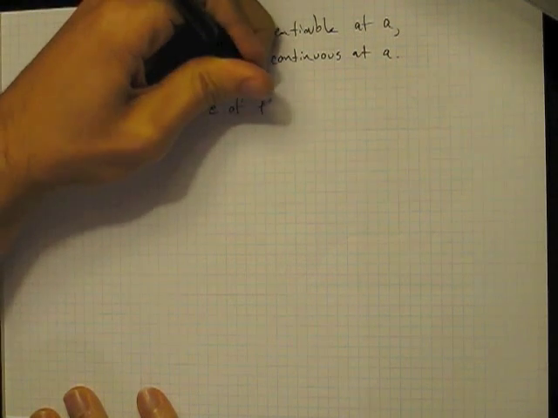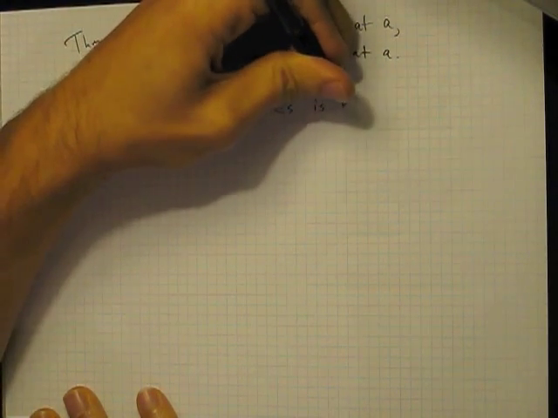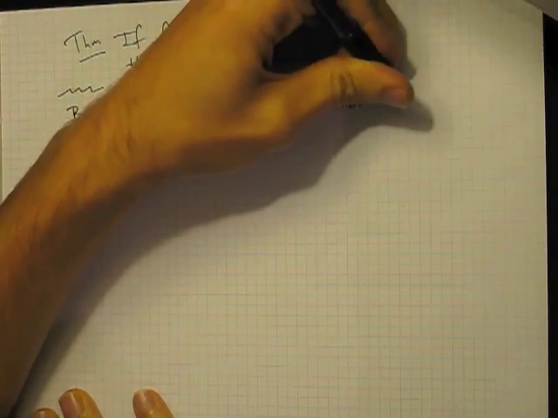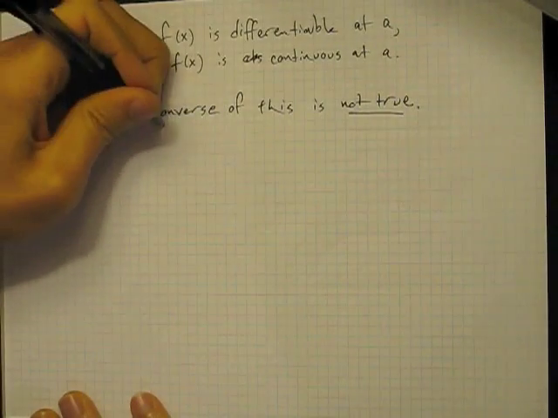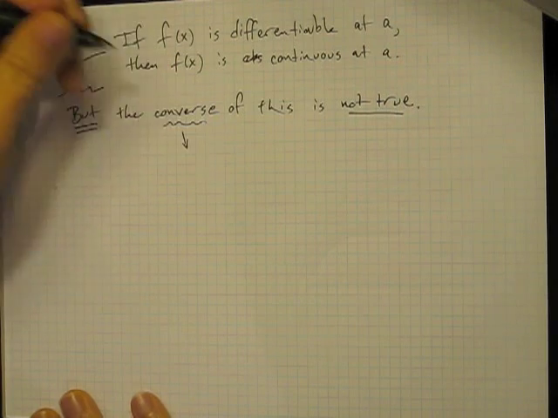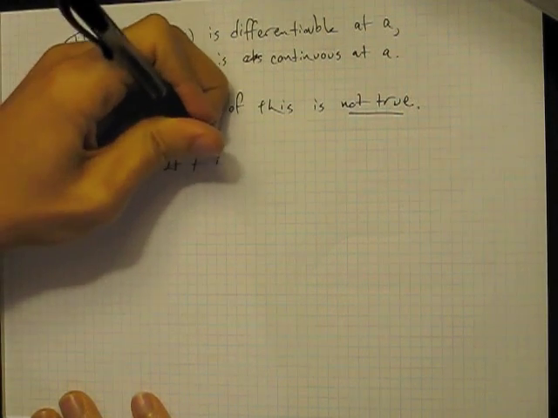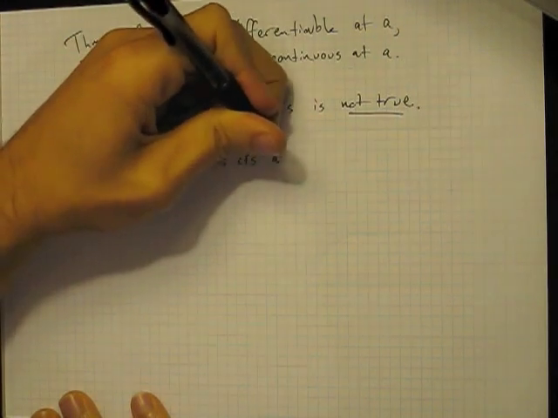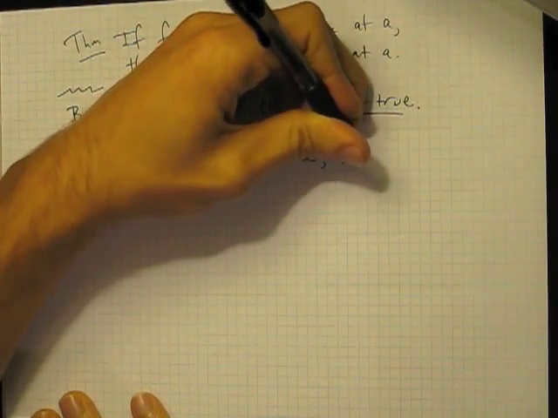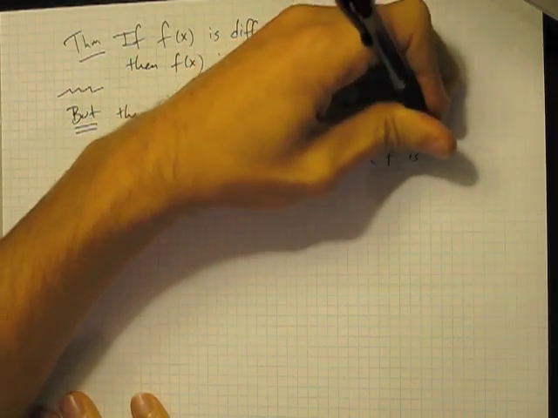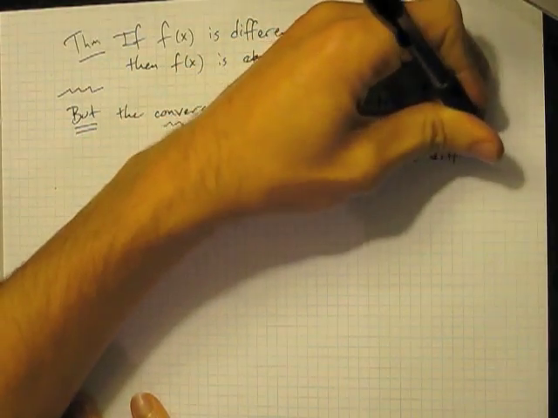I want to underscore the following point: the converse direction of this is not true. What do I mean by the converse? The converse means that if f is continuous at a, then f is differentiable at a.